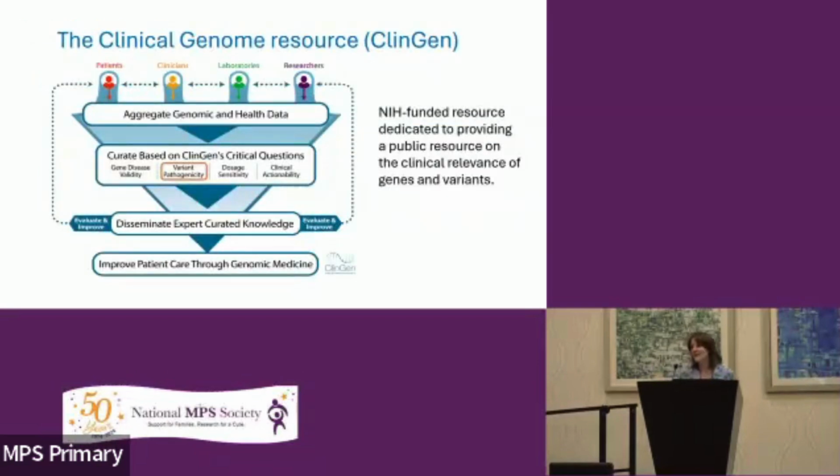So variant classification is one of ClinGen's interests. It's one of the major curation goals that ClinGen has. Caitlin already introduced the Clinical Genome Resource, or ClinGen, and it is an NIH-funded resource that's dedicated to providing a public resource on the clinical relevance of genes and variants.